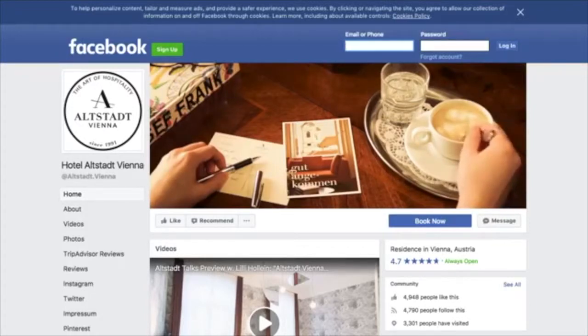Here someone is enjoying a nice Viennese coffee while writing some postcards, the good traditional way of sending postcards to your friends. But more importantly, look behind the writer where you see book now. That's where the Facebook feature comes very much in handy.